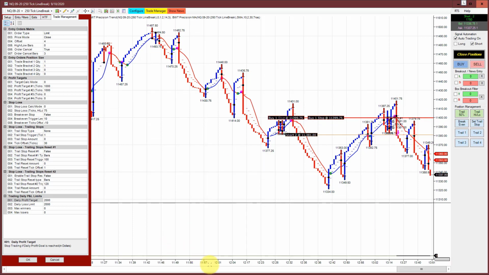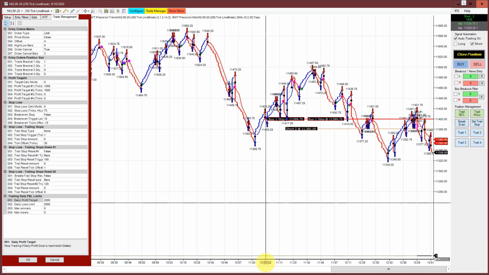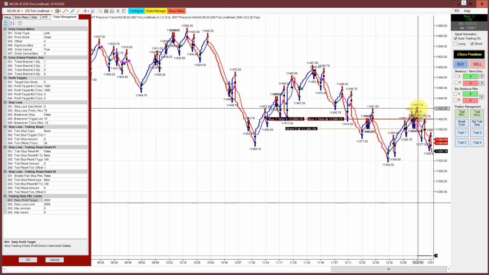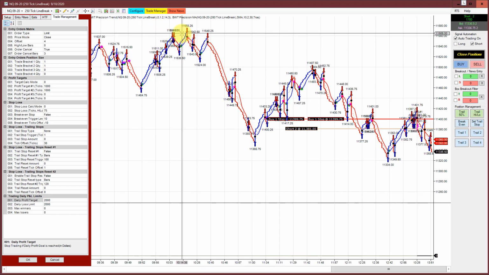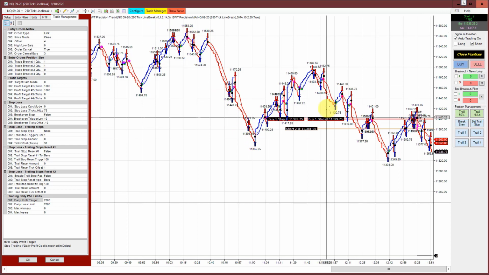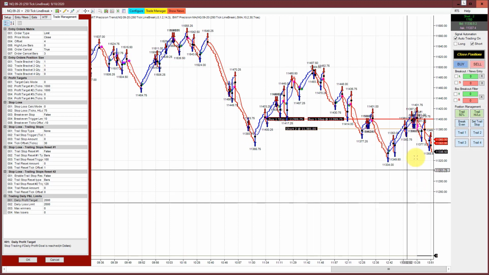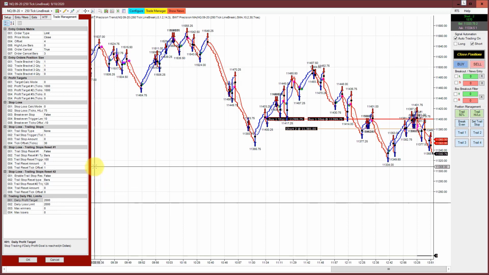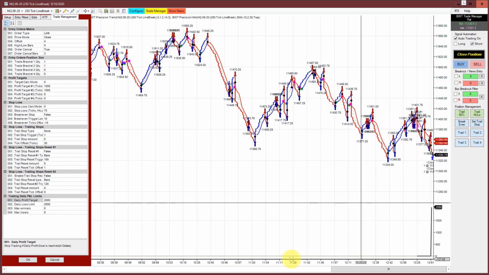But in the larger picture, this was a lower high. In this degree here, you have a high, a low, a lower high, a low, and a lower high. So there are small, medium, and large degrees of time frames in looking at the market structure.